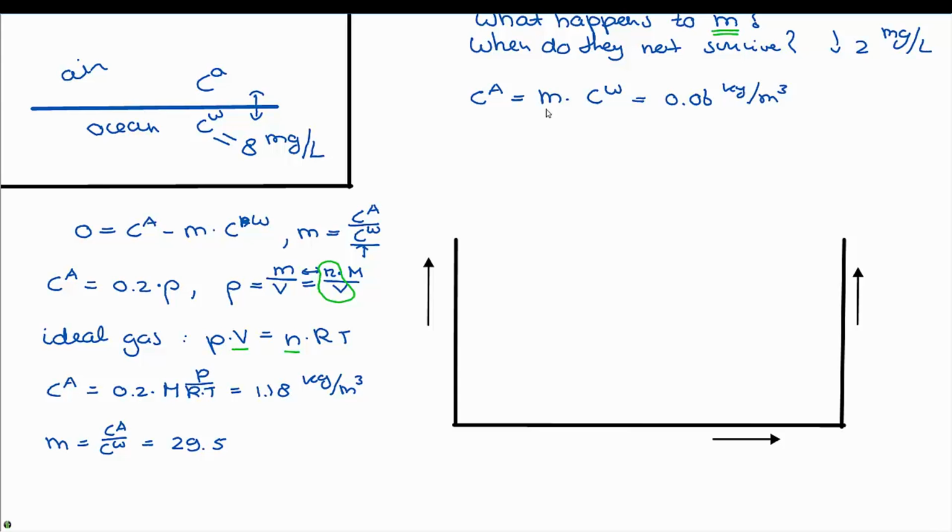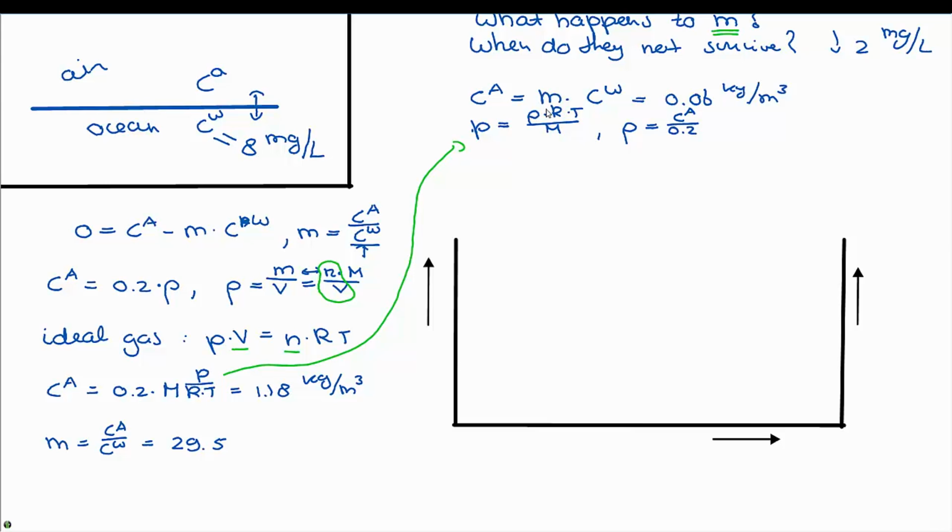And again, we can use the ideal gas law. The pressure is R times T over M, which I have also used down here. And I know that again the amount of oxygen is just 0.2.